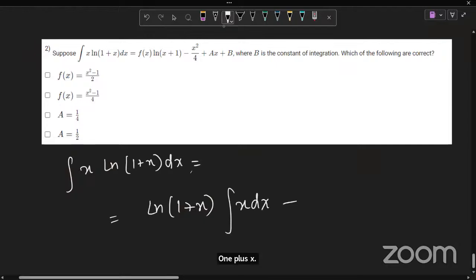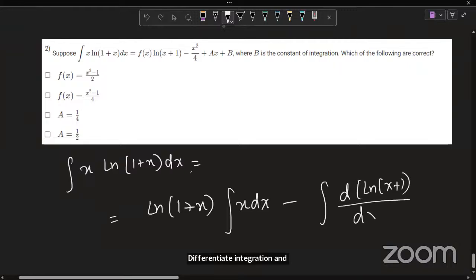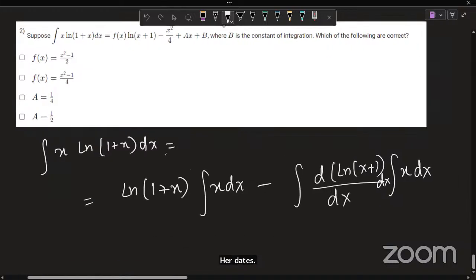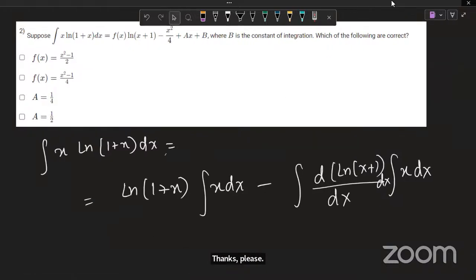So you will get ln(1 plus x) times the integral of x dx, minus the integral of the differentiation of ln(1 plus x) times the integration of x dx. Okay, please repeat the upper line.